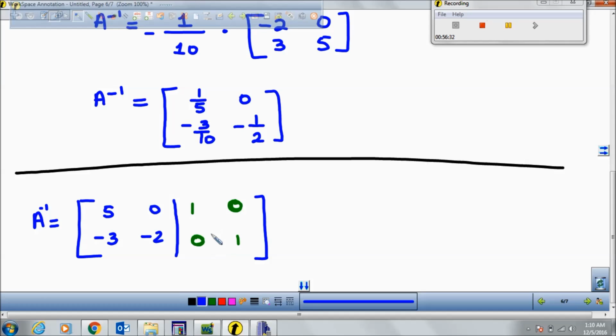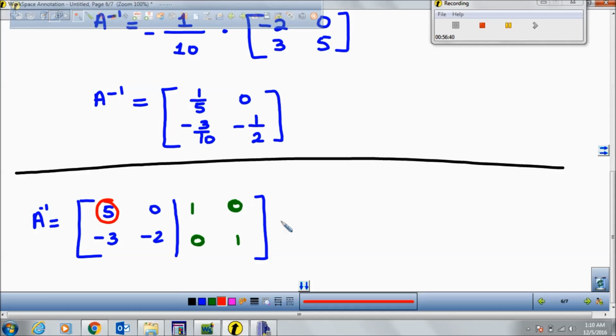So you have to be doing the same thing as we were doing, row operations, to make this 5 into a 1 first. So you want the numbers in blue to look at the end like the ones in green. And where the numbers in green are, that's where your answer is going to appear.